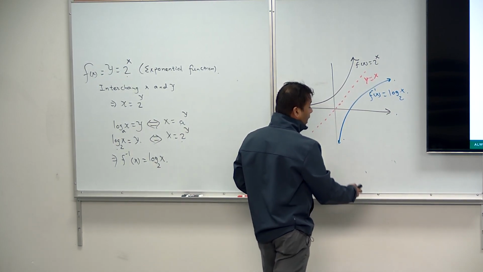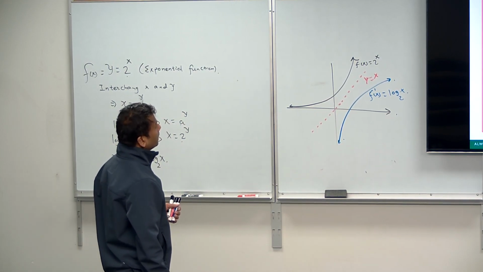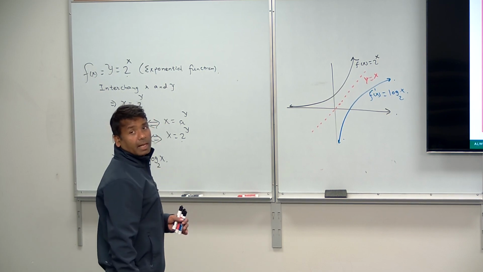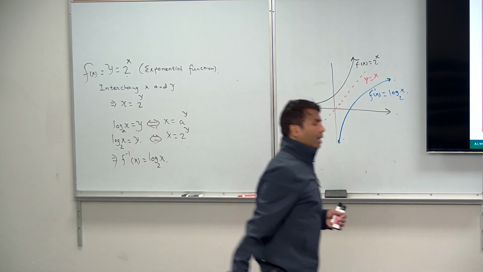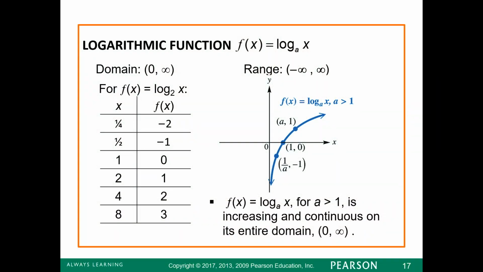Now, if you pick different x values and get different y values, you can look at the slides. For f(x) equal to log base 2 of x, for x equal to 1/4 the value of f(x) is negative 2, and for x equal to 1 the value of f(x) is 0.